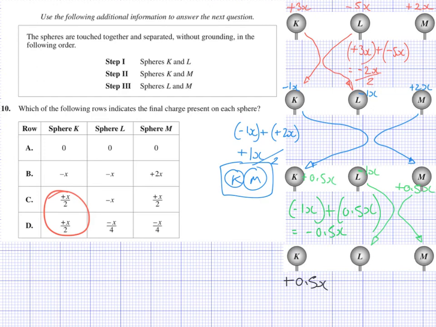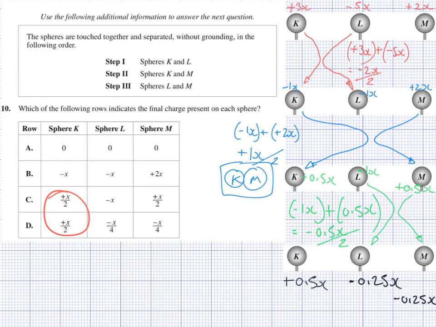But again, remember that's for both of them. So we have to divide this by 2 to get the charges on each of the final stages. So negative 0.5 divided by 2 is going to give us a negative 0.25x for L, and a negative 0.25x for M.